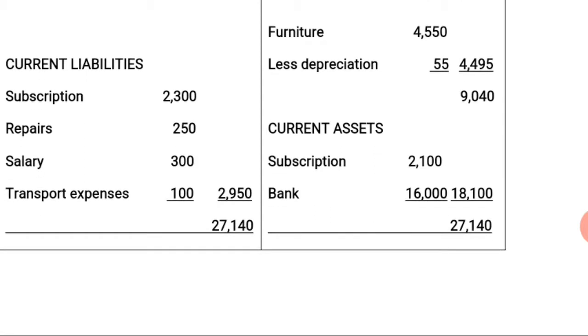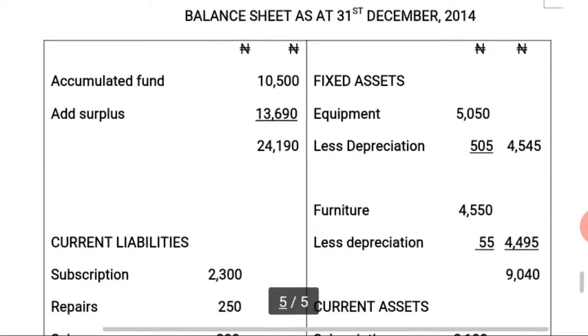Then added to the balance of our receipts and payments account, 16,000 naira. So we have the value of our current assets, which stood at 18,100. So by adding the current asset to the fixed assets, we have 18,100 plus 9,040 naira. We have the total value of 27,140 naira. That's the right hand side of the balance sheet.